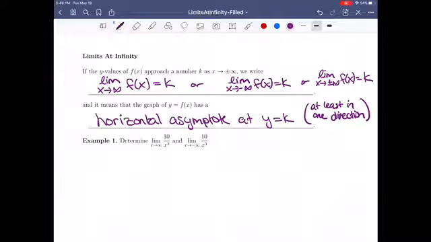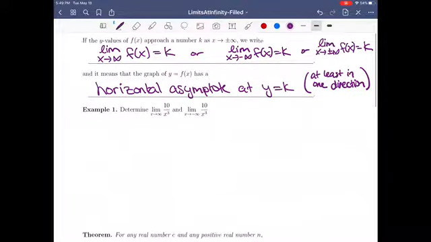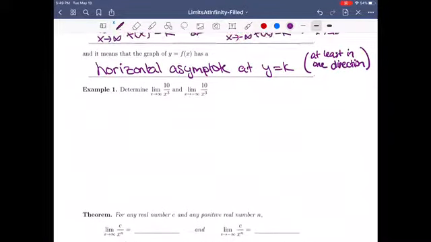So let's look at an example. Suppose we wanted to determine the limit as x goes to infinity of, say, 10 over x cubed.